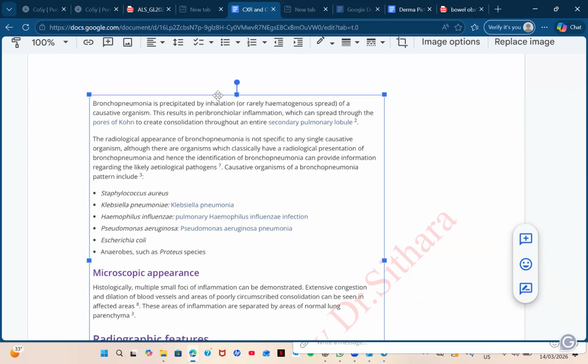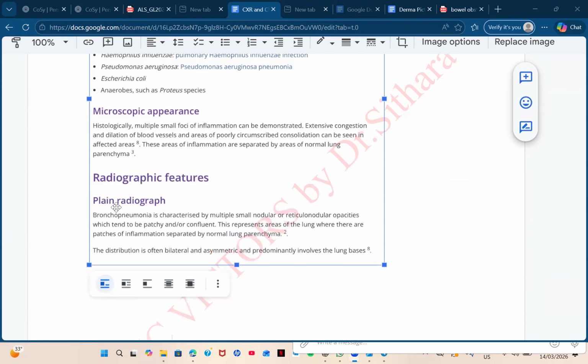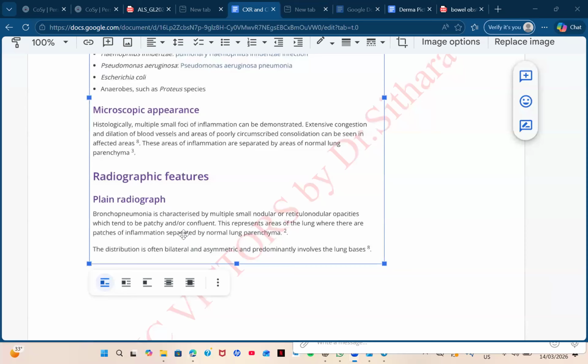So let's see what we can see in bronchopneumonia. It's different, okay? Diffuse infiltrate, yes. In plain radiograph, bronchopneumonia is characterized by multiple small nodular or reticular opacities which tend to be patchy or confluent.